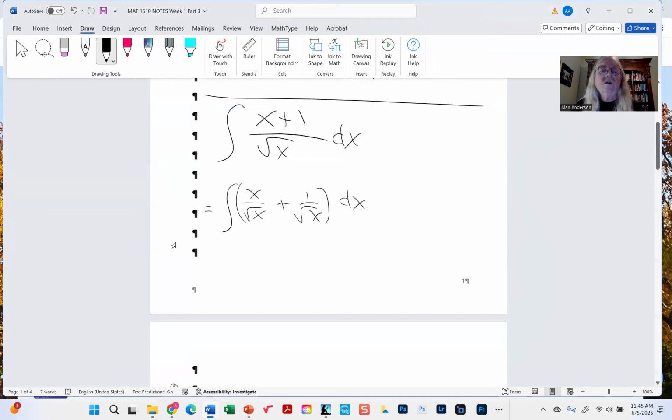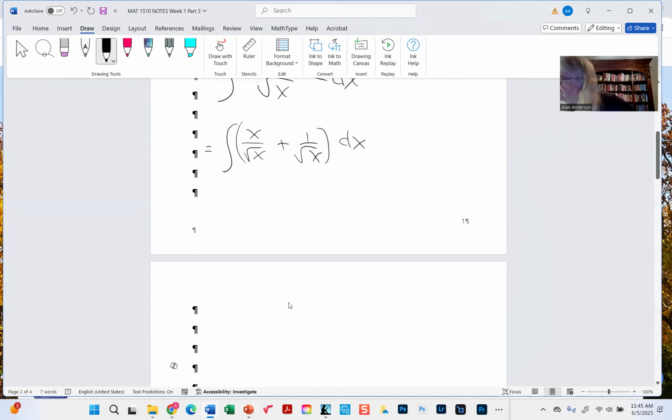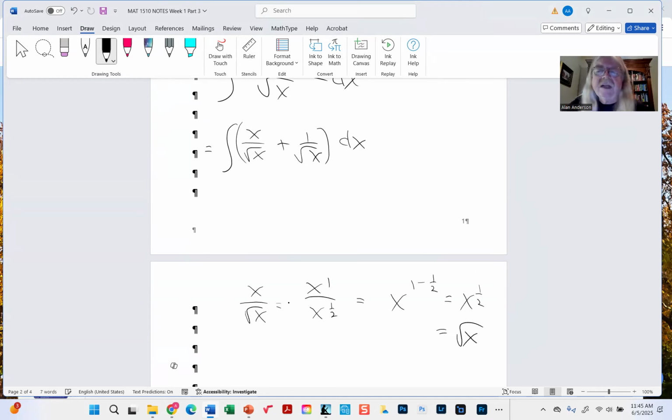Now, of course, recalling that the square root of x is x to the 1/2 power. It's just another way of writing radical x, or actually, in this case, I'm going to leave it as x to the 1/2 power.